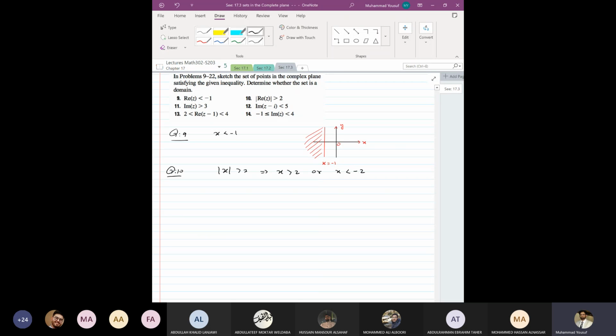So now we will have two areas, one greater than 2, one less than -2. And they are not connected. So it is not a domain. Am I clear? Okay, yes. Like this.